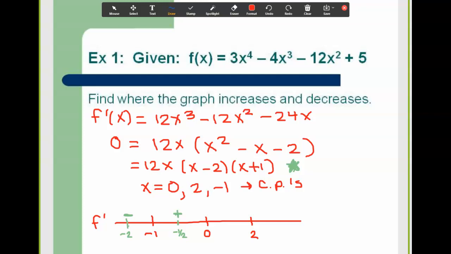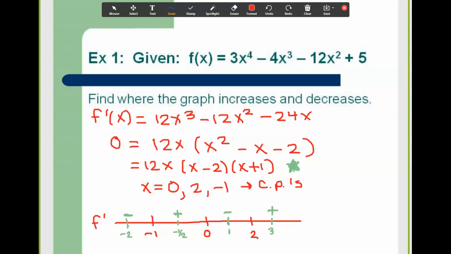Then you plug in between 0 and 2, so 1. So you get positive, negative, positive. So that's a negative. Plug in bigger than 2, so 3. Positive, positive, positive. So that's a positive.